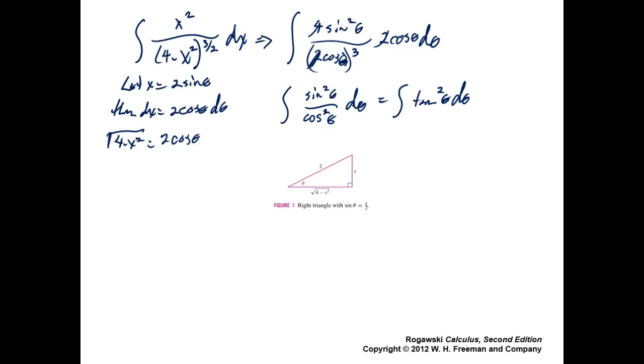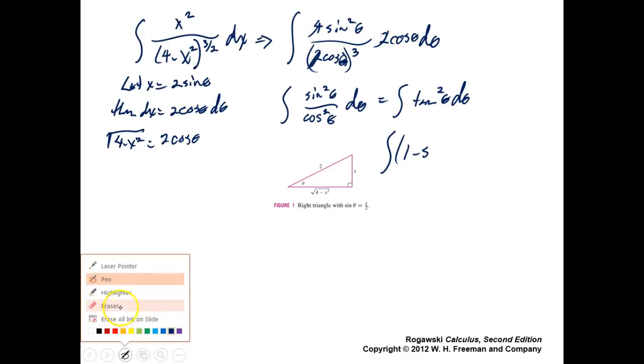The book suggested a very good way. If you see tangent squared theta and think Pythagorean identity, what's that? Okay, let's try that. It'd be the integral of 1 minus secant, wait, that's not right. Secant squared minus 1.